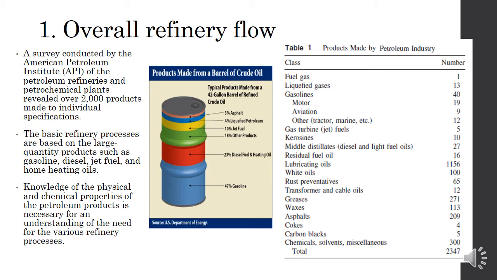Knowledge of the physical and chemical properties of the petroleum products is necessary for an understanding of the need for the various refinery processes. The petroleum industry uses a shorthand method of listing lower boiling hydrocarbon compounds, which characterize the materials by number of carbon atoms and unsaturated bonds in the molecule.